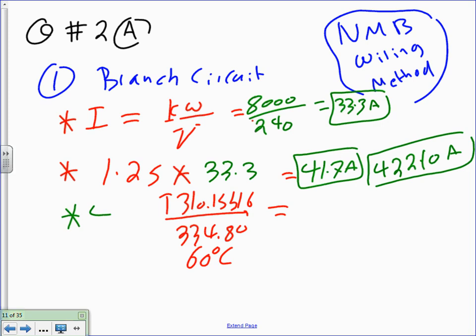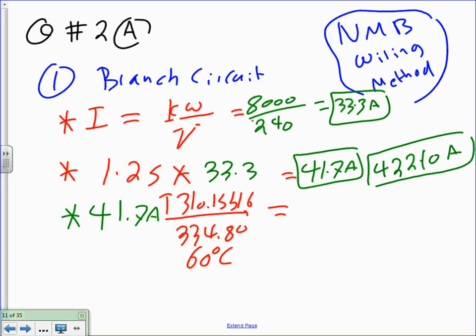So take the 41.7 amps to 310.15(B)(16) under the 60-degree column. Anybody knows why the 60-degree column? We're using an NM cable. Number 8 or number 6?